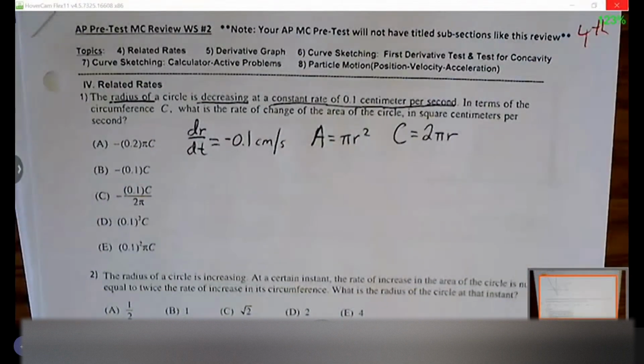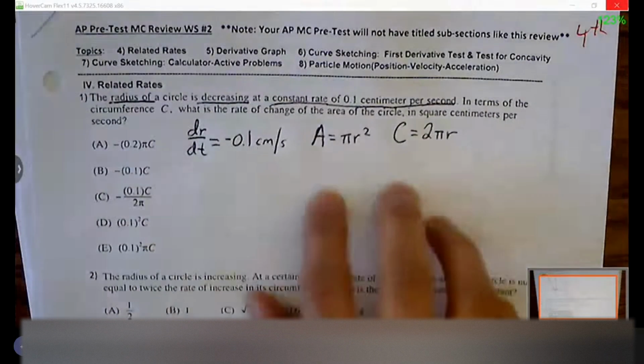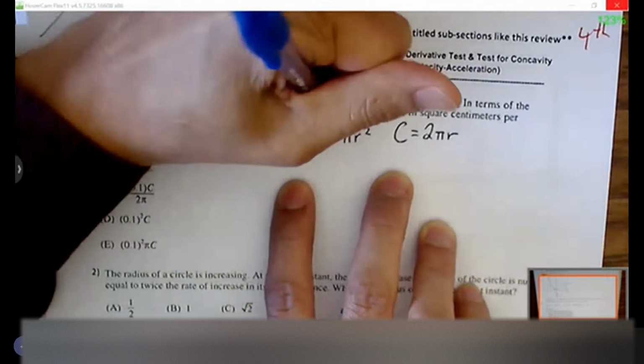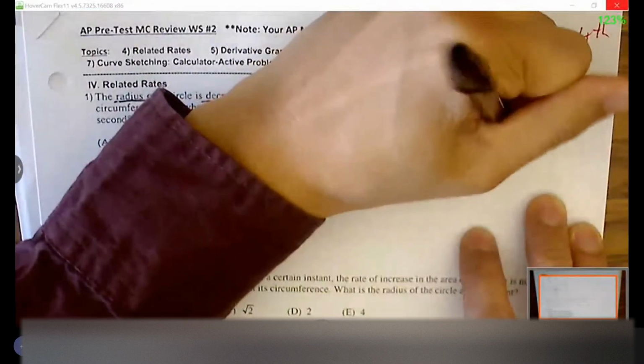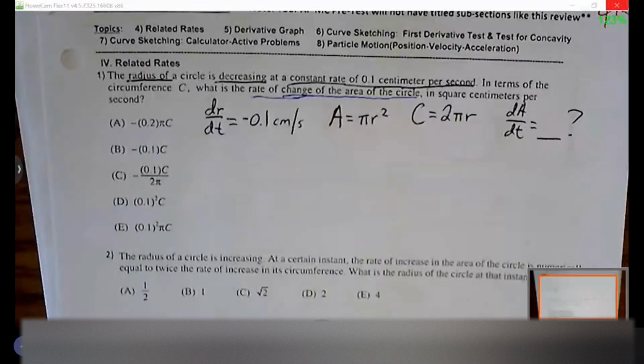A equals pi r squared, C equals 2 pi r, and we're looking for the rate of change of the area of a circle, so we know that we're looking for dA dt. All right, so that's everything that the problem references, and then we can go from here.